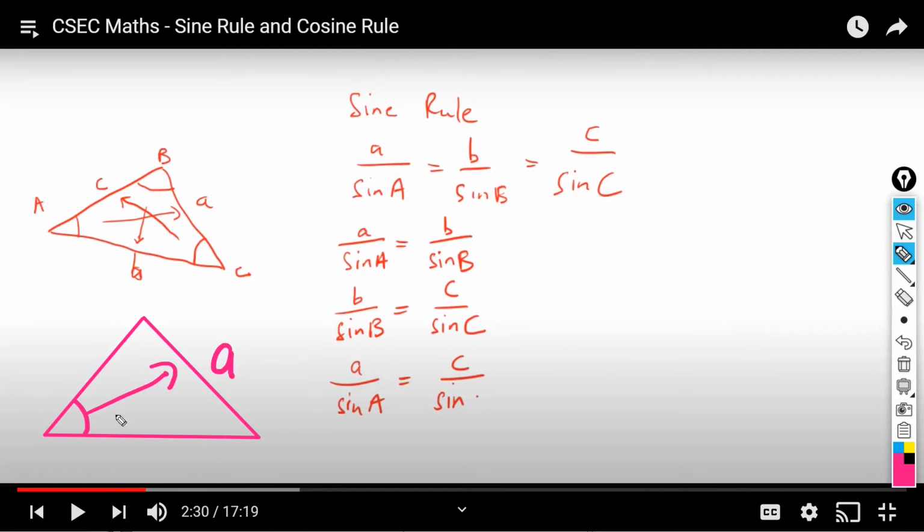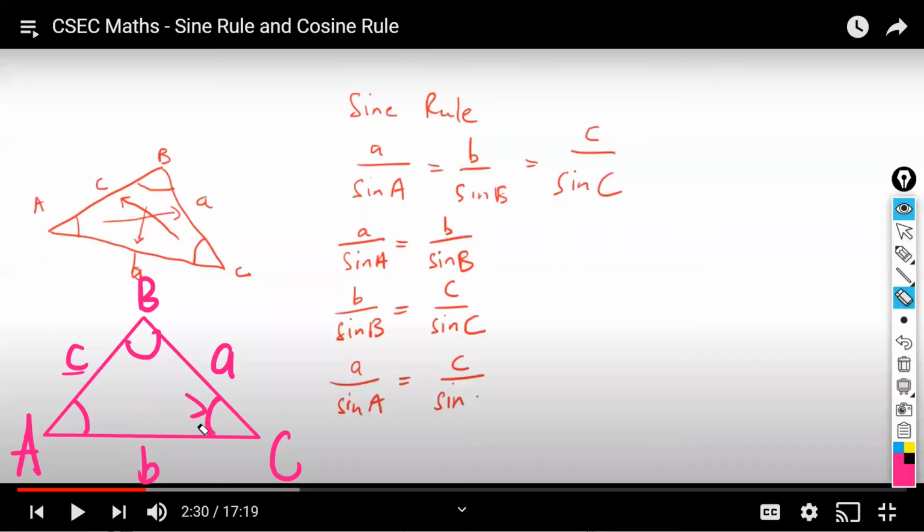So this side would be a. Same thing here: if up here is B and this side is b, then the angle points to this side. If over here is C and the angle is here, clearly over here would be small c. That's how it works. The side points to the angle.